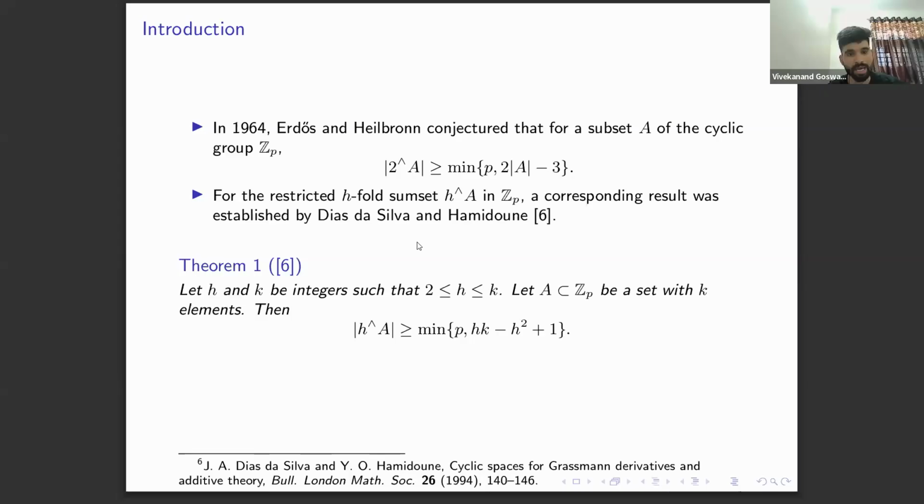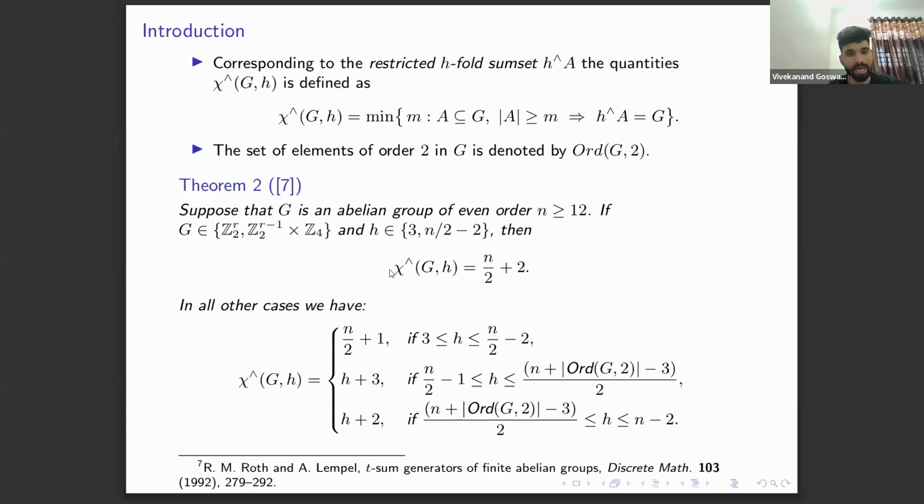This conjecture was proved by Dias da Silva and Hamidoune in 1994.